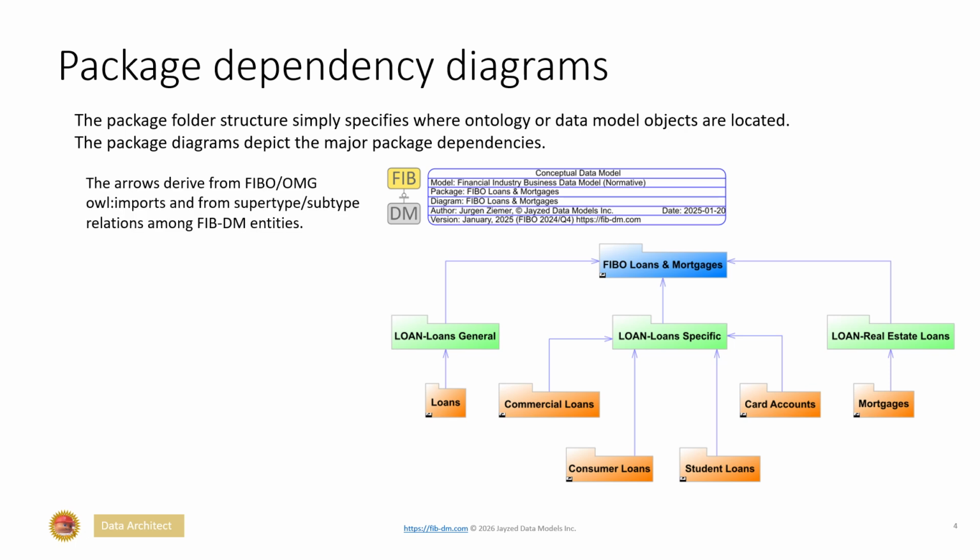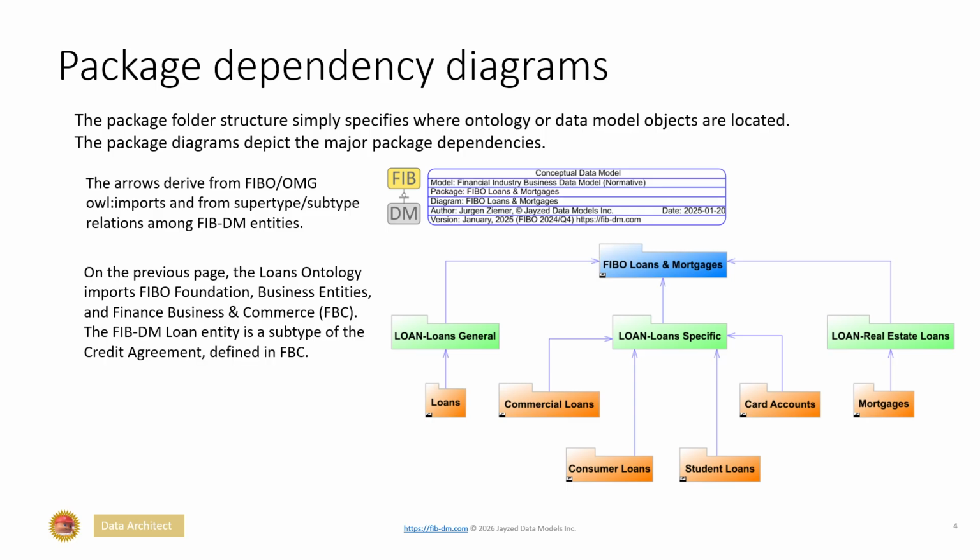So the arrows derived from FIBO OWL imports and from supertype-subtype relations among FIB-DM entities. And before we looked at the loans ontology, which imports FIBO Foundation business entities and finance business and commerce.